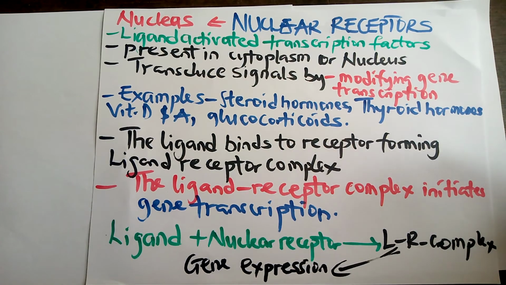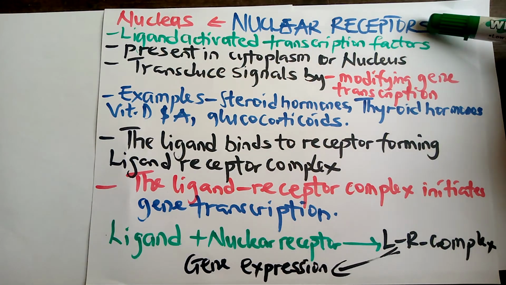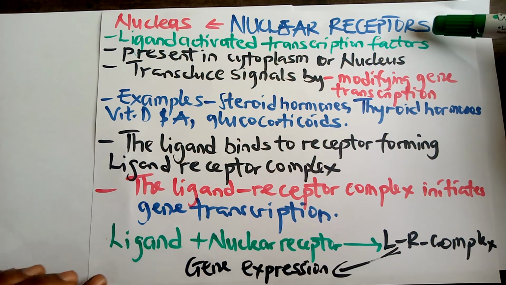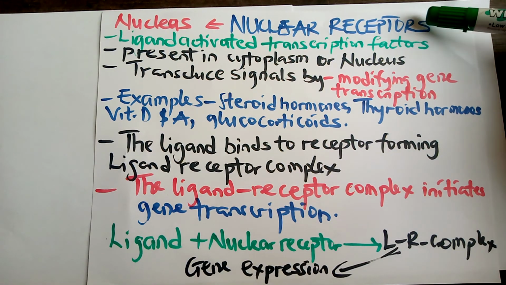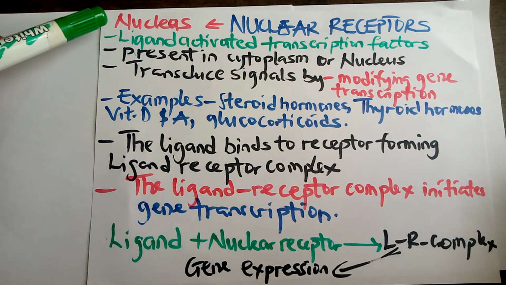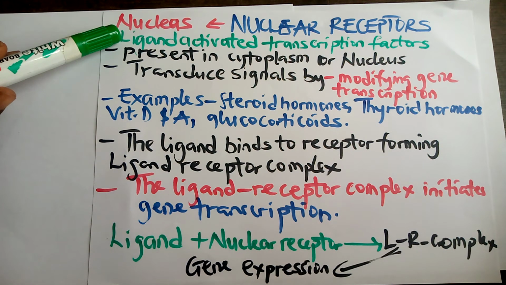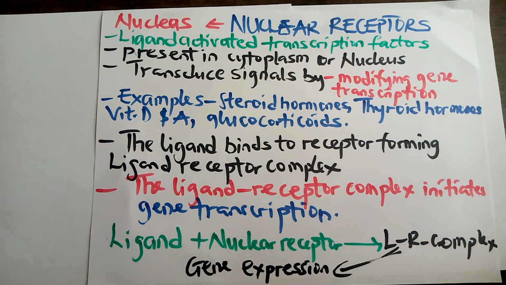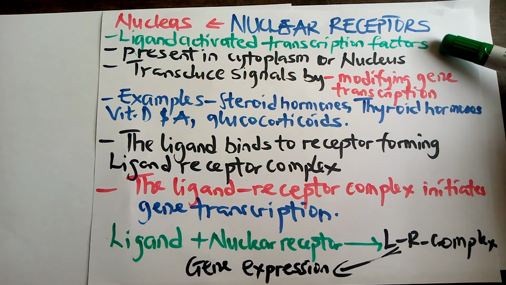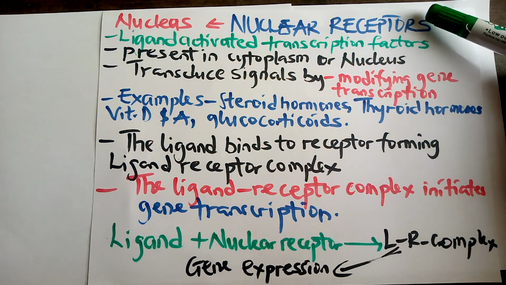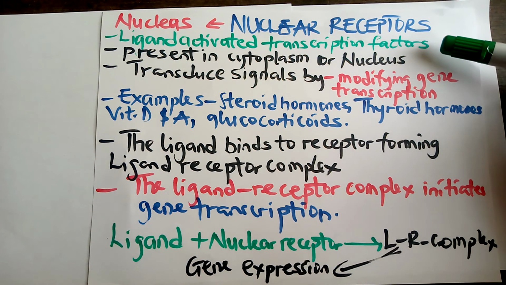The last group of receptors are called the nuclear receptors, and these receptors are found in the nucleus. They are also called ligand-activated transcription factors, because when a ligand binds to a nuclear receptor, it leads to transcription of genes.